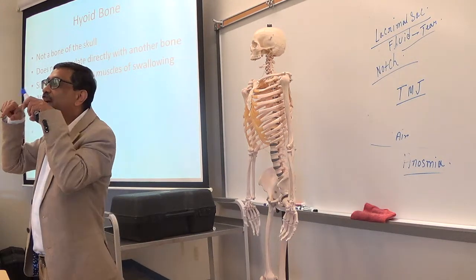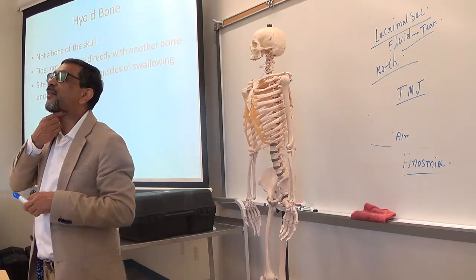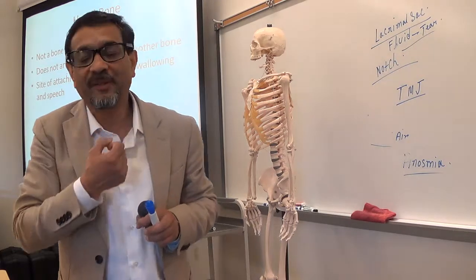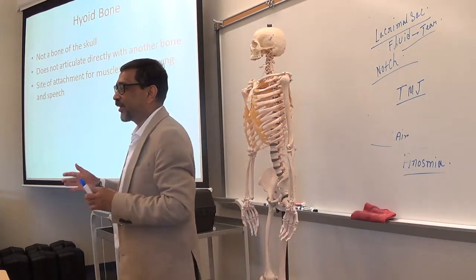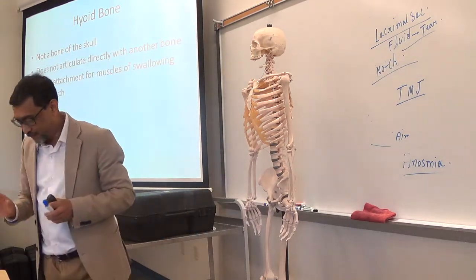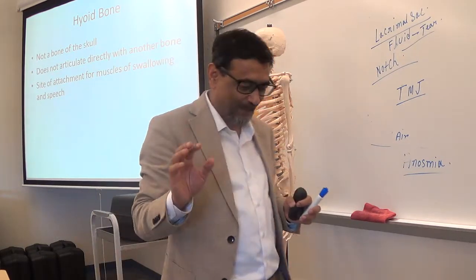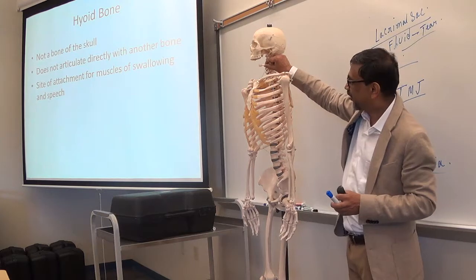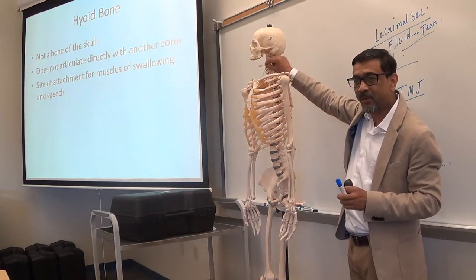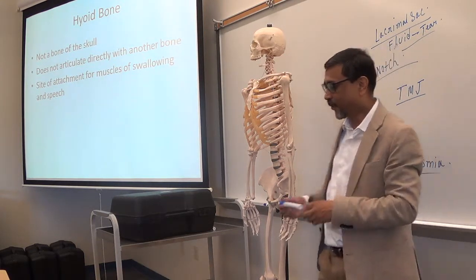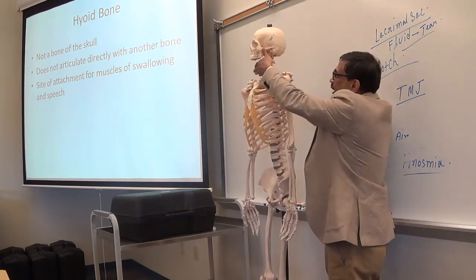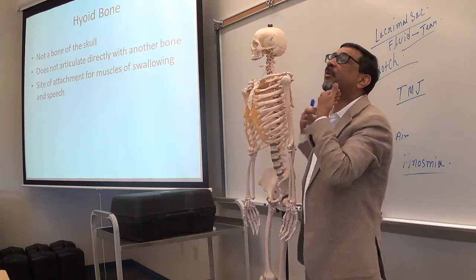It is like hung there by ligaments. Hanging by what? Ligaments. So it is not directly attached to any bone. So it's a lonely person, okay, lonely bone. Now, although it is a lonely bone, it has a very important function. What is that? You know, anterior neck muscles. There are many muscles here, right?